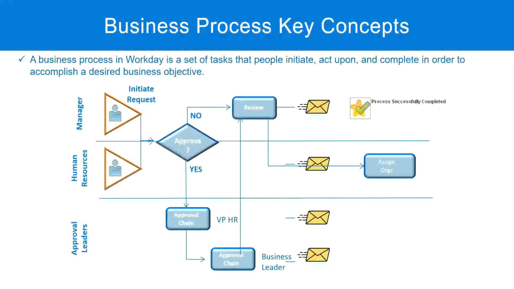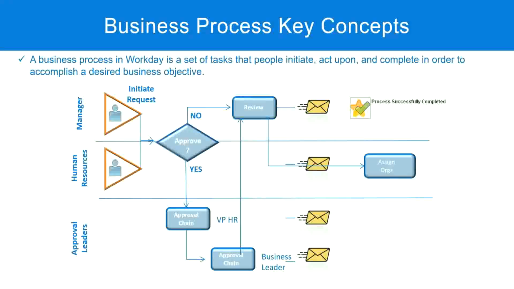A business process in Workday is a set of tasks that people can initiate, act upon and complete in order to accomplish a desired business objective. That is very important. Sequence of tasks to accomplish a desired business objective.